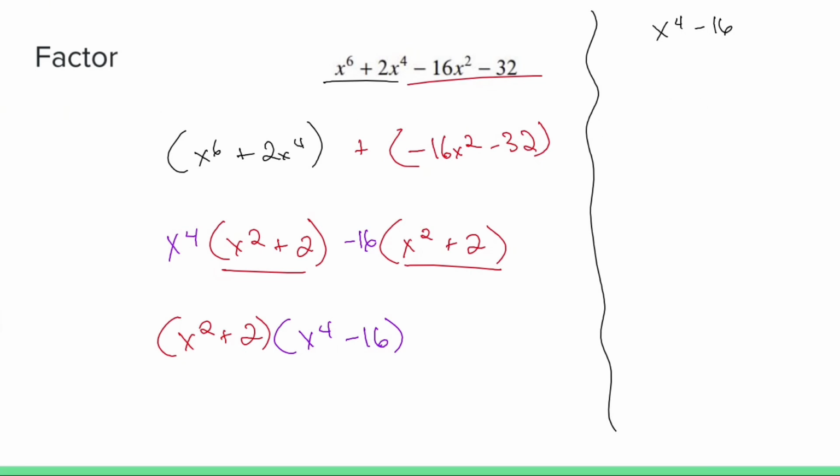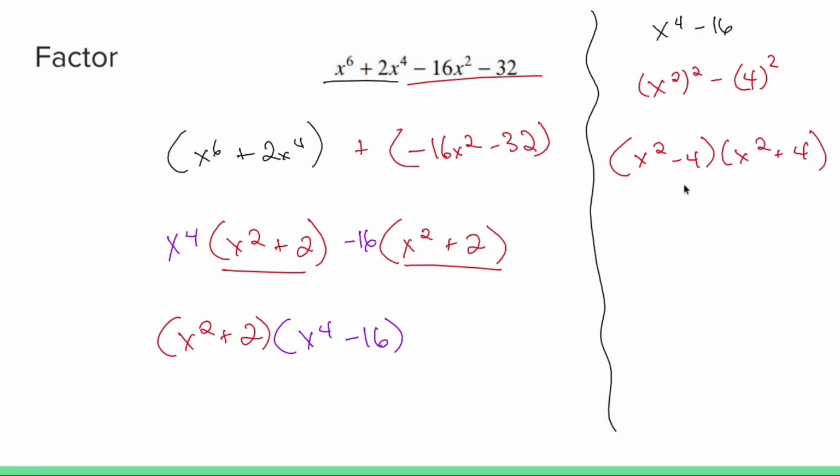That looks like it should be difference of squares because it is. So what I have technically is x squared squared minus 4 squared. That's difference of squares. So that becomes x squared minus 4 times x squared plus 4.